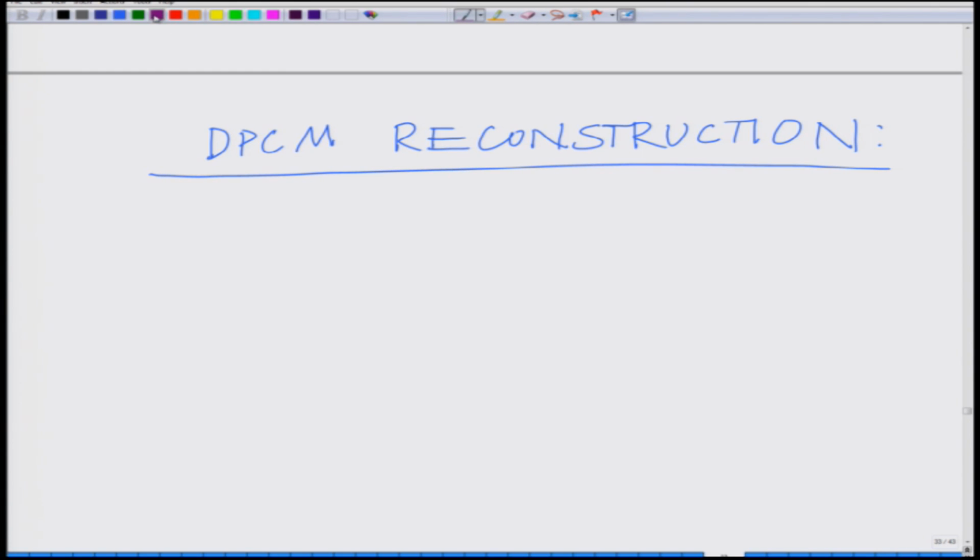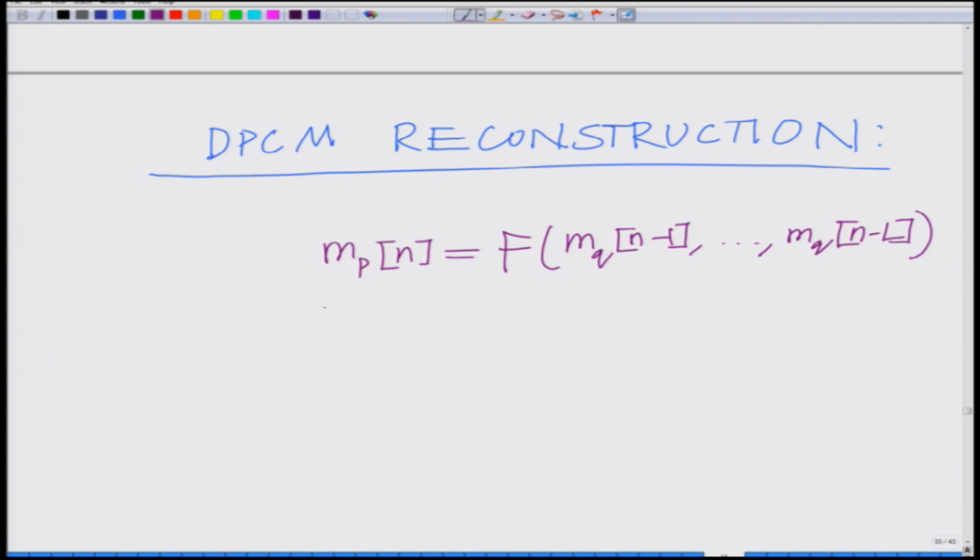For DPCM reconstruction, you first have to generate the prediction MP of n as f of MQ of n minus 1 up to MQ of n minus L.